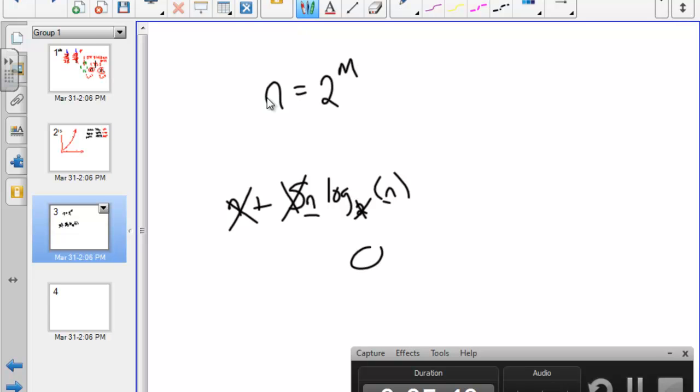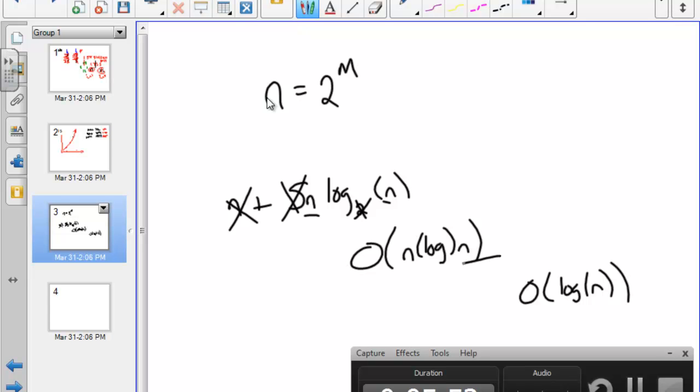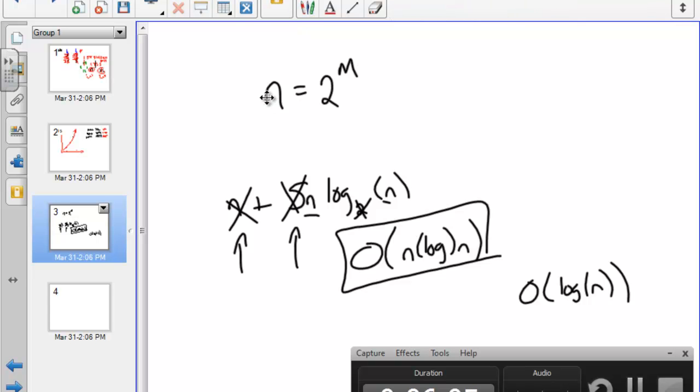So my big O notation is O of n log n, essentially logarithmic. This is obviously different from just O of log n, but again, drop the smallest term, drop any coefficients, and what you're left with, simplified down, is your big O notation. So this is a logarithmic scale, much, much slower growing than a quadratic.